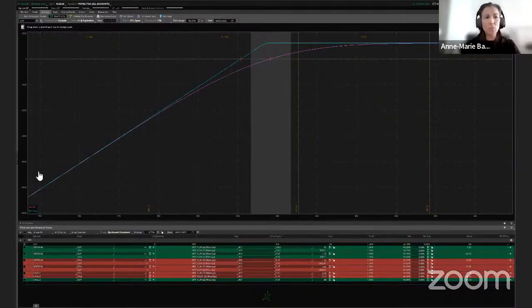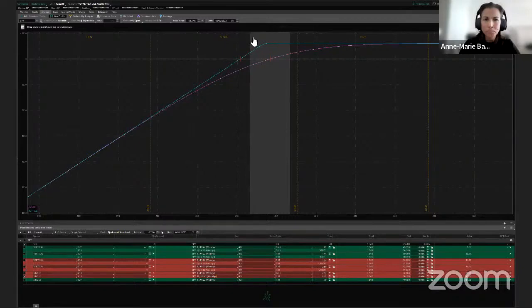Because a risk profile is very intent on sharing with you what you can win or what you can lose, what you win and lose is being measured here, with this being your zero line.